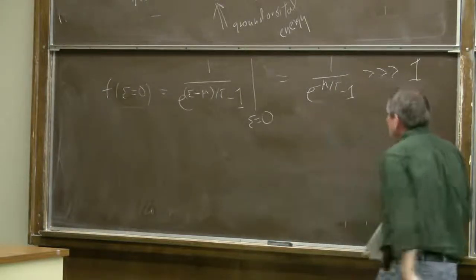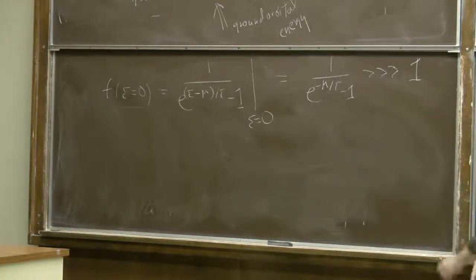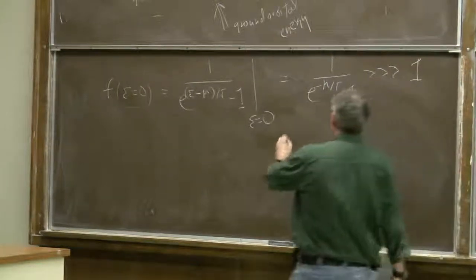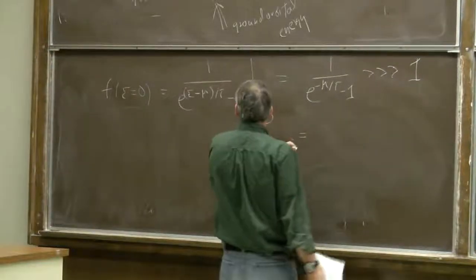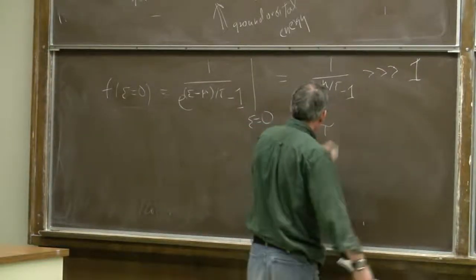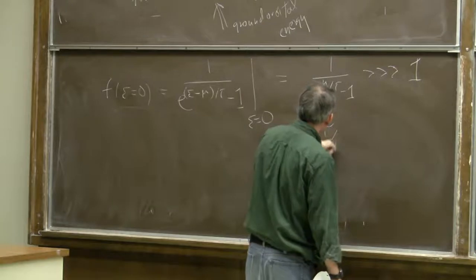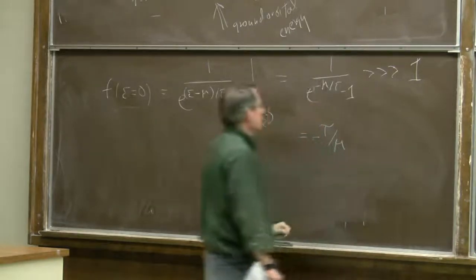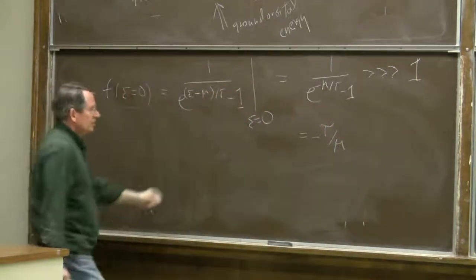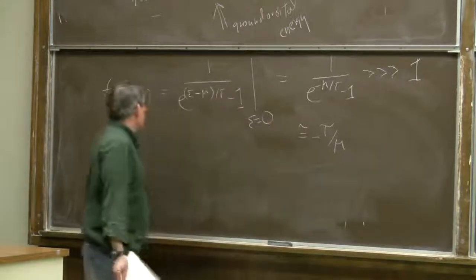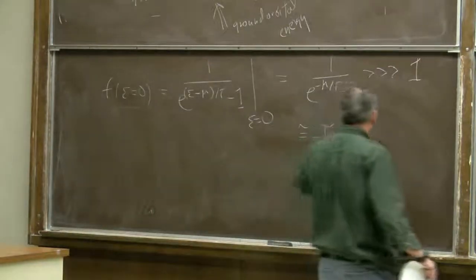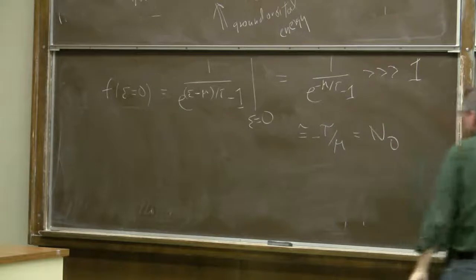The exponential has to be very close to 1. That means it's a very good approximation to expand that exponential and just keep the constant and linear terms. And so this is equal to tau over minus mu, with a minus sign when I expand the exponential to an excellent approximation. And that's equal to the number of particles in the ground orbital.